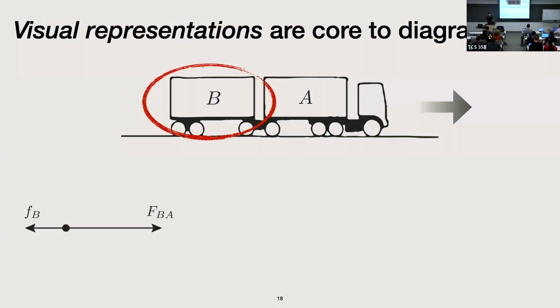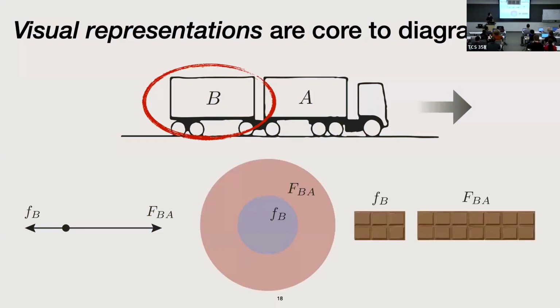Okay, so a standard representation here, you've probably seen it in physics classes already, is what's called a free body diagram, where car B is represented as a mass point and the forces are represented as arrows with directions and magnitudes. And now I have two additional diagrams representing the same thing. They're kind of less standard. So the circle diagram shows the magnitude of the force, but loses the directionality of the forces.